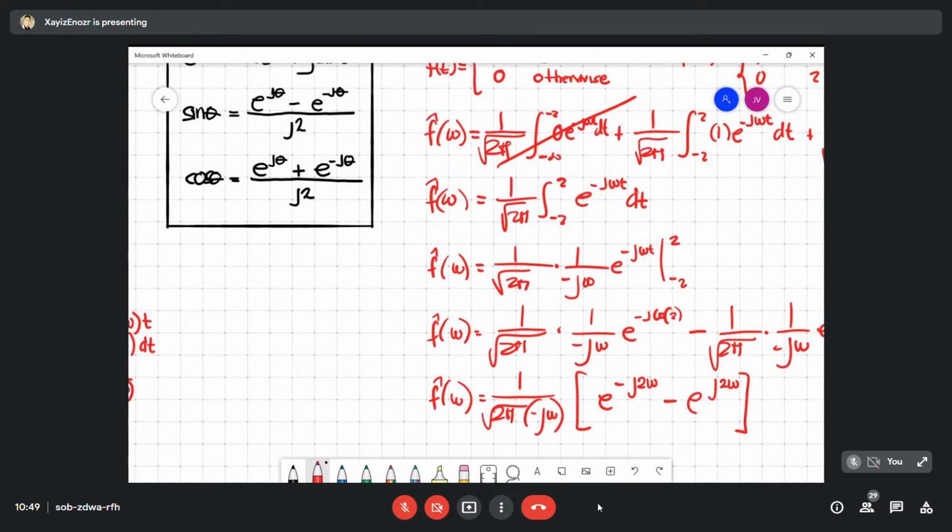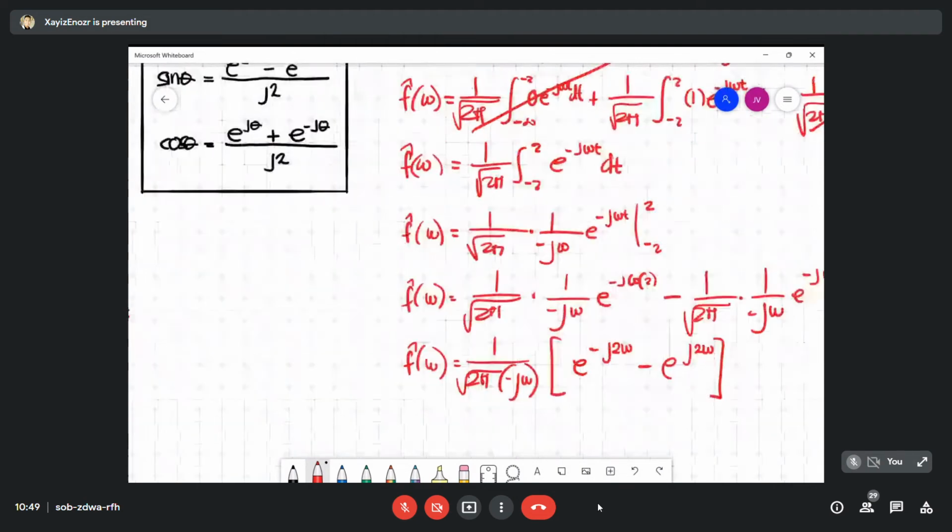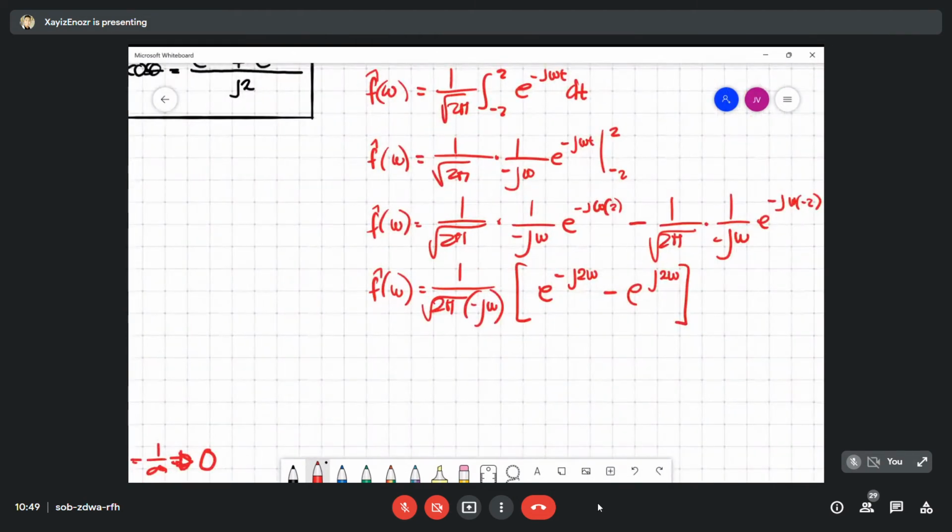sa sine kasi sine is minus. Okay? Sine kasi minus is sine. Pero ang nauuna dito is negative j. Ang huli doon is negative j. So makikita nyo, meron tayong negative dito. Pwede kong kunin yung negative, i-distribute ko dito.